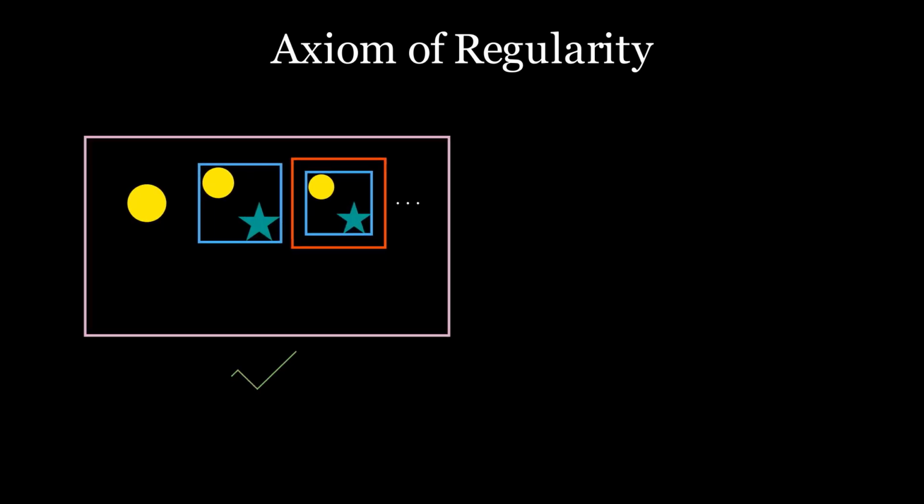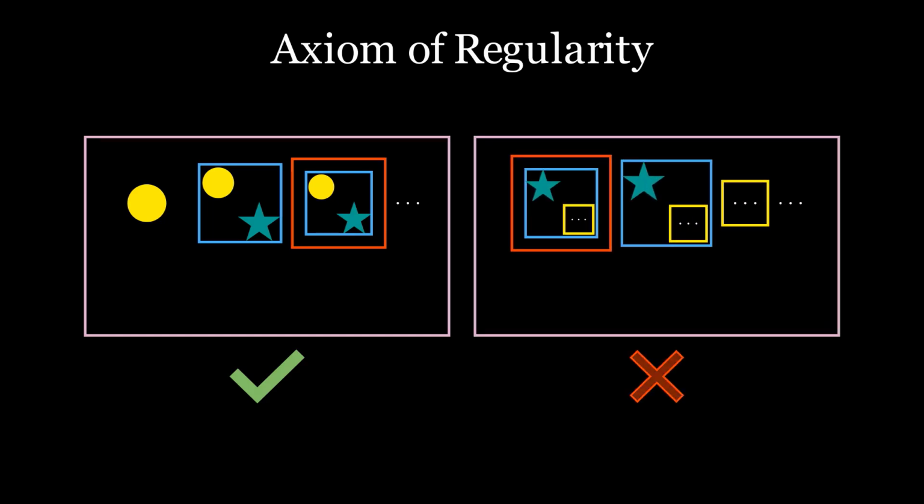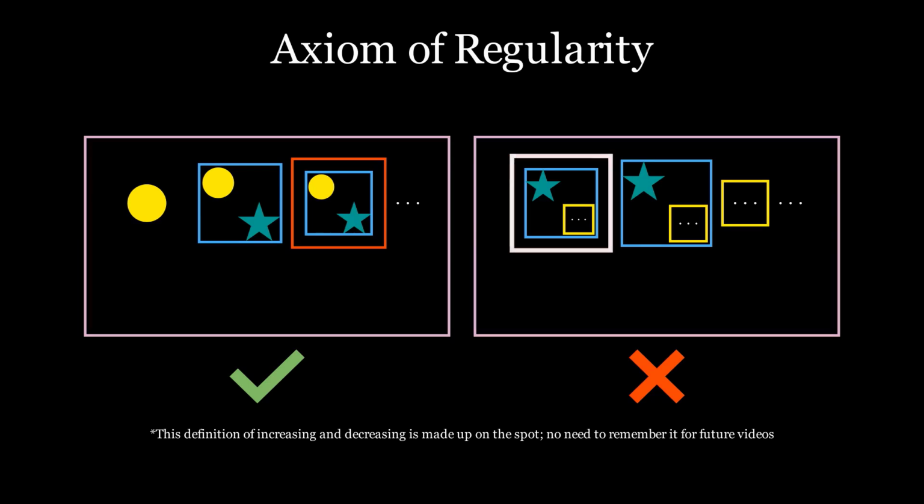This tells us we can't have a set with infinite chains like this going in the opposite direction. We can have an increasing chain of sets, but never a decreasing chain of sets. Where by increasing, I mean each object in the chain is an element of the next, and by decreasing, I mean that each object in the chain has the next as an element.